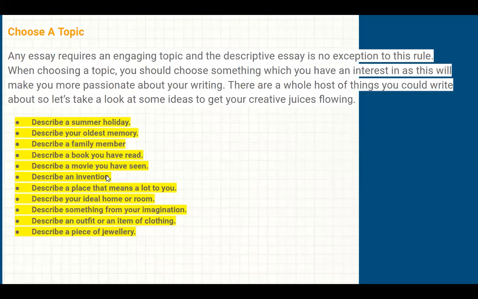So descriptive essays are cut and dried, and there could be a simple description of the facts and figures of that thing. For example, an invention. We're not going to talk a lot about sensory perception of an invention, because there's nothing that has much to do with feelings.